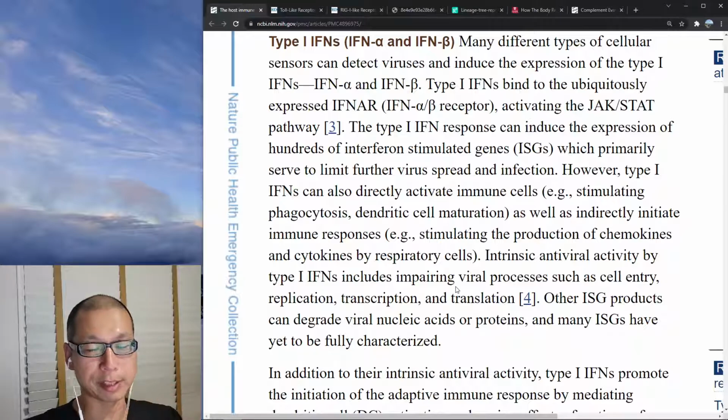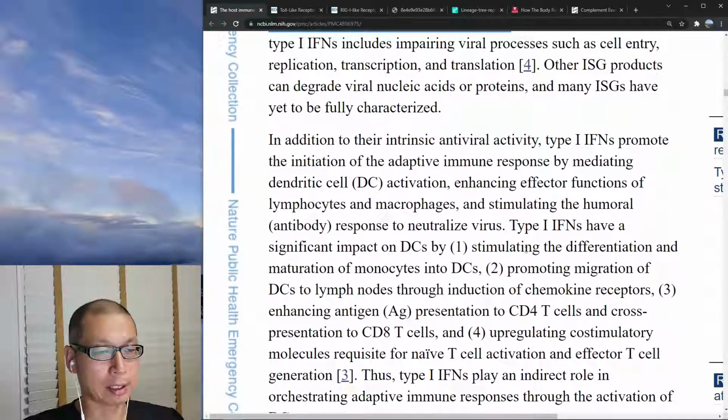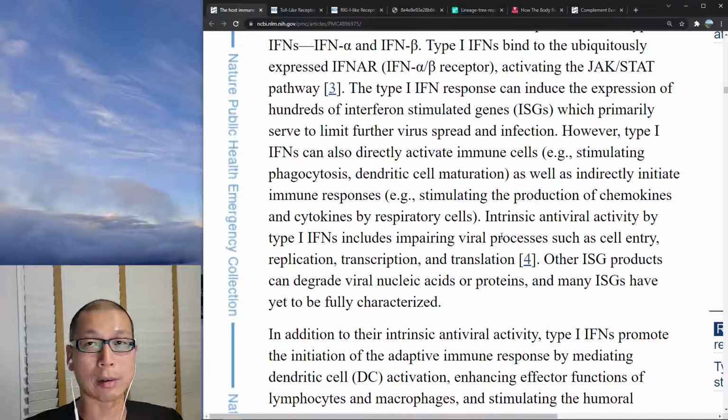Interferon is like the first cytokine that your body will make in response to a virus, and the interferon activates the immune system to bring in cells, so it'll bring in a bunch of cells. And also interferons will start having your body make a bunch of antiviral proteins within them.